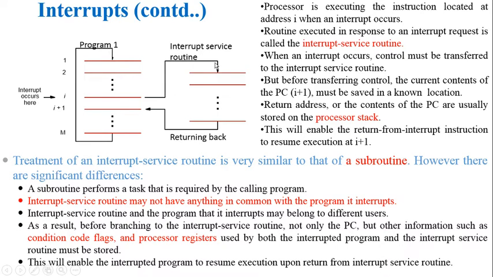Before doing so, the processor stores the content of the program counter, which now holds the address of the (i+1)th instruction of program 1, onto the processor stack, in order to return to that location after completing the interrupt service routine, so that it can properly resume the suspended program 1 from the (i+1)th instruction onwards.